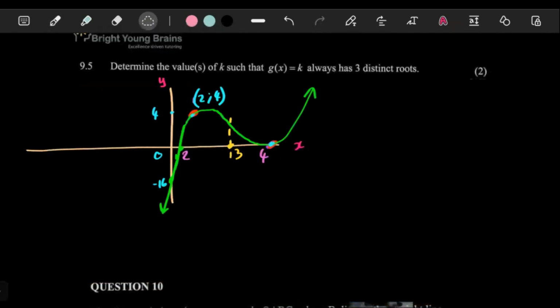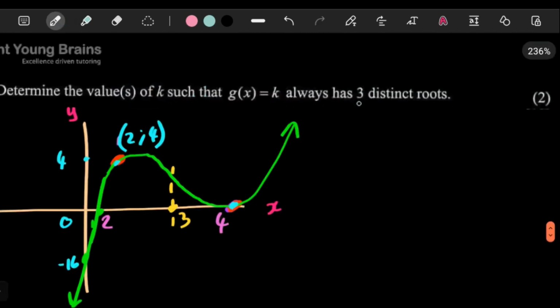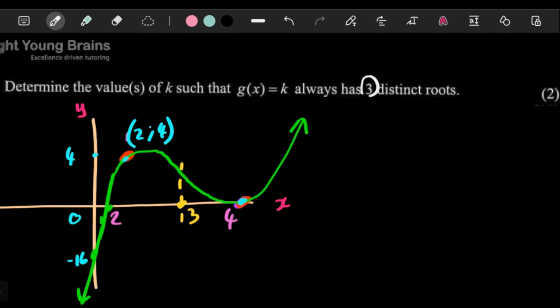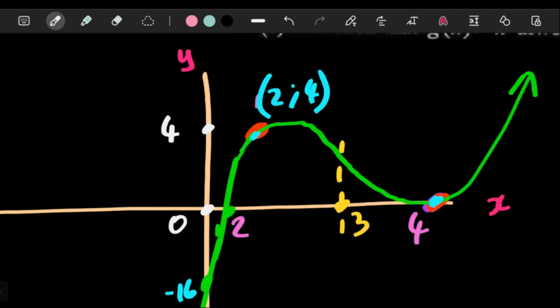So the big idea is the following. If they say determine the values of k for which g(x) = k always has 3 distinct roots, for it to have 3 distinct roots, it all has something to do with the y values of your turning points. So you see, the y value of the turning point here is a 4, and then a 0. So there's a 0 there, there's a 4 there.